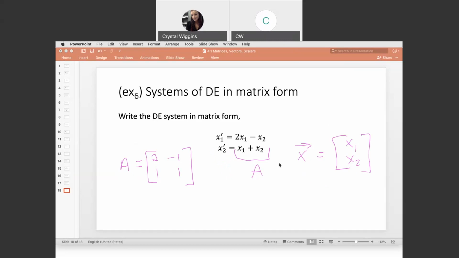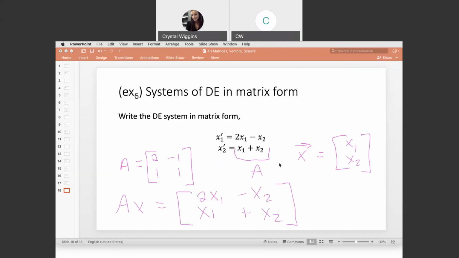Okay, so we have our coefficient matrix. We have our solution vector X. Now, AX looks as follows. So we have 2x1, negative x2, x1, and positive x2.